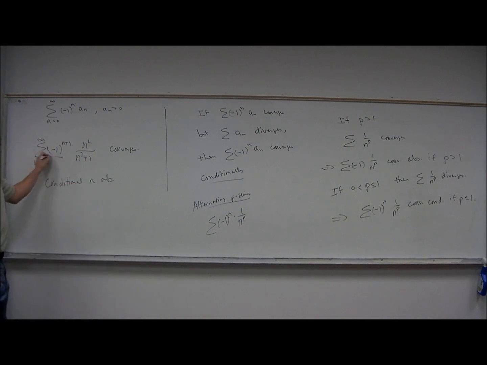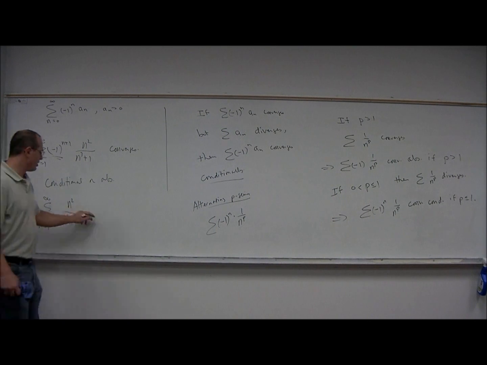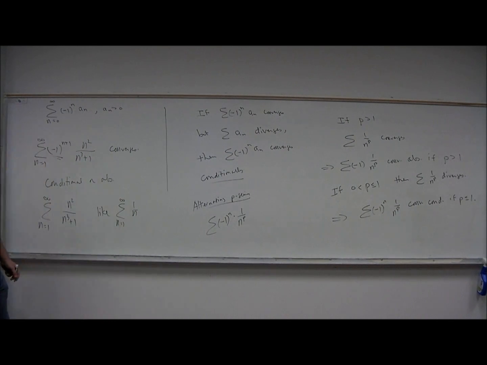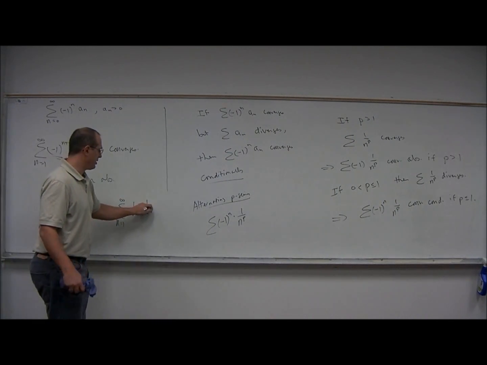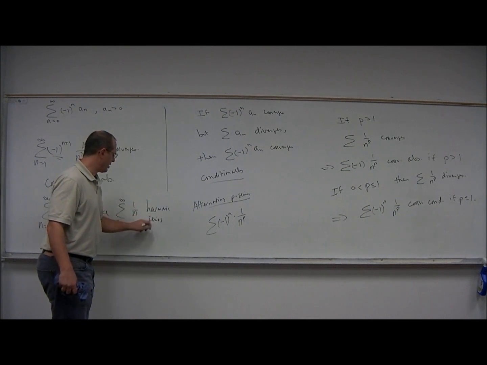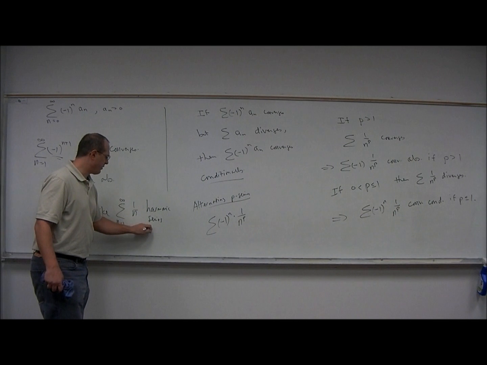If we remove the plus-minus effect, we get the series summation n squared over n cubed plus 1, n equals 1 to infinity. From our experience with the limit comparison test, this one is like the harmonic series, summation n equals 1 to infinity of 1 over n. And the harmonic series is known to diverge.